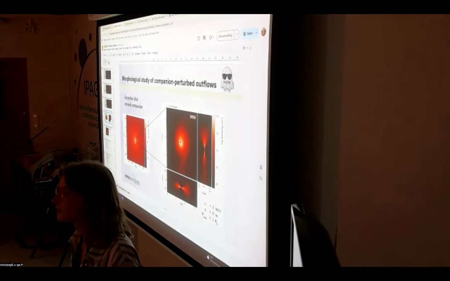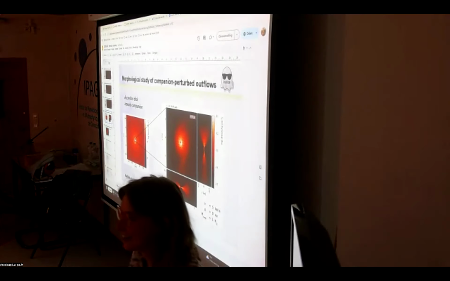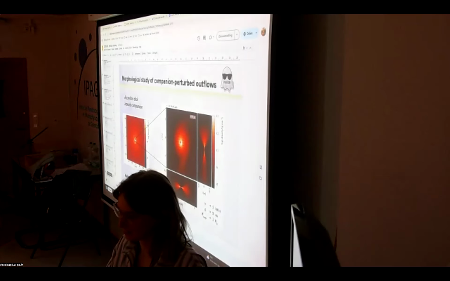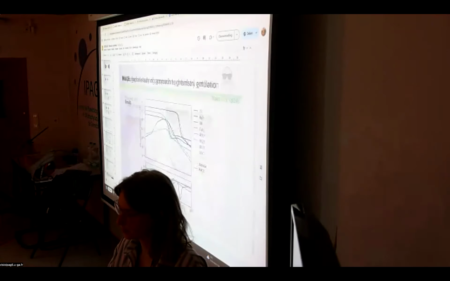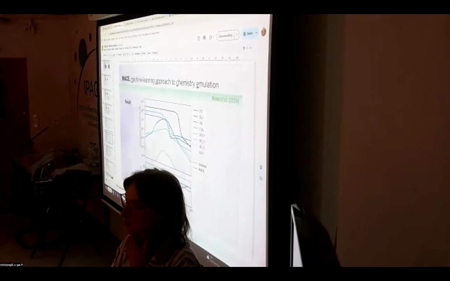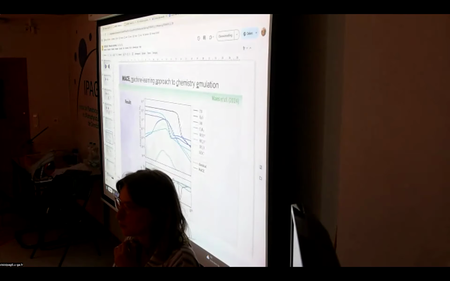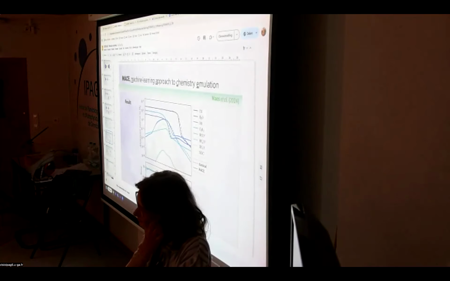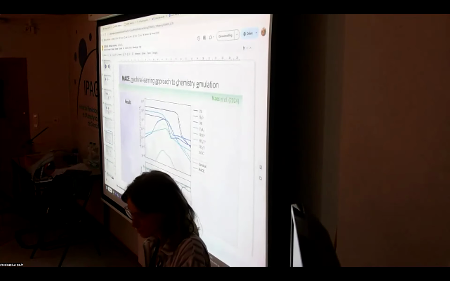Looks like he has another question. When you are doing the chemistry, is the number of atoms conserved? Yes. If you have a given number of nitrogen atoms, you have the same. Yes.